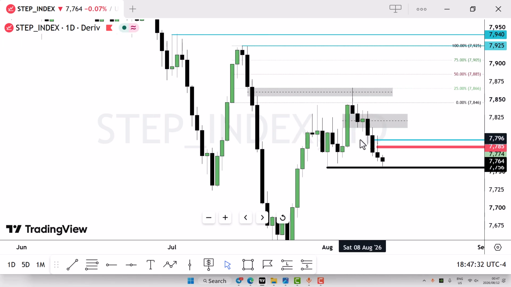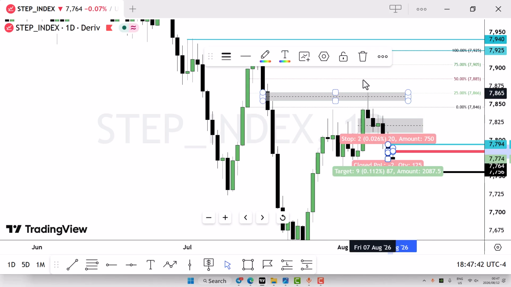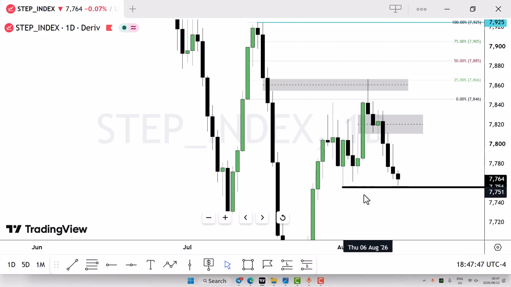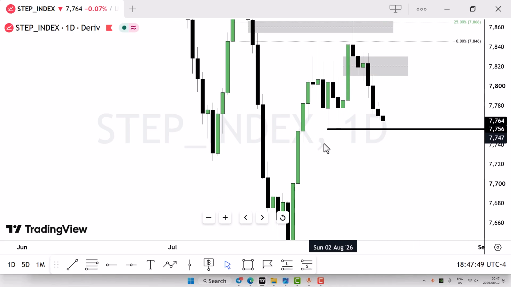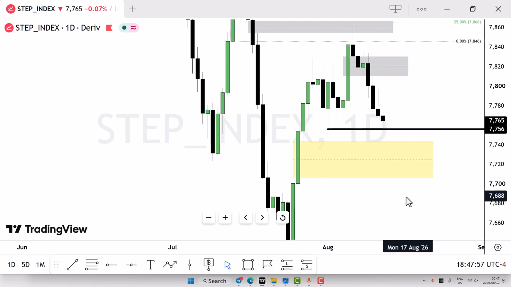And I'm going to delete all of these levels since they have accomplished the mission. I want to be left with the sell side liquidity pool here and the contrarian fair value gap, which is right here.